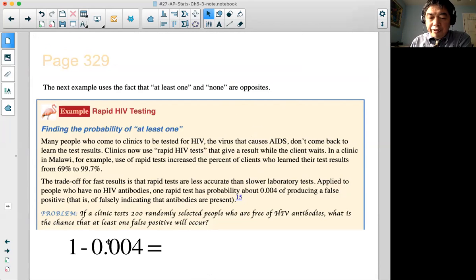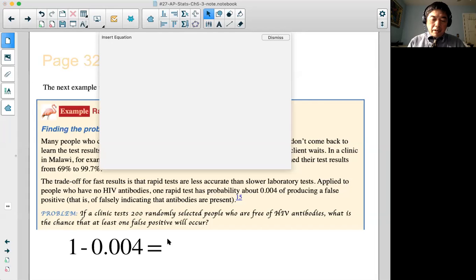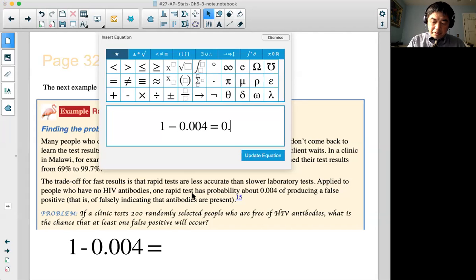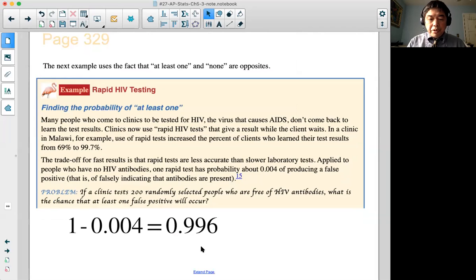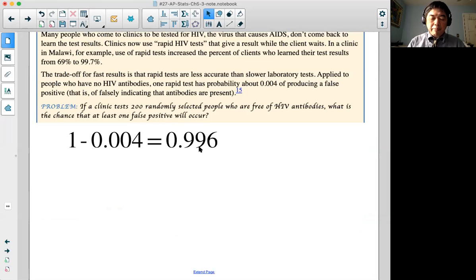This is a failure rate. So 1 minus 0.004 is 0.996, right? So using this, we use 200 patients. So you cannot have more than 1.